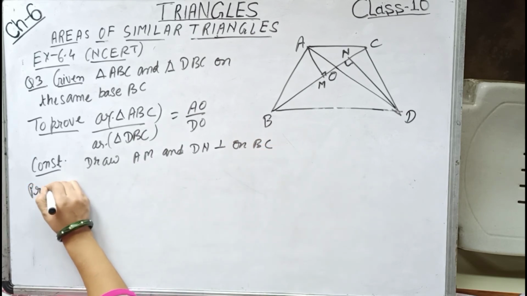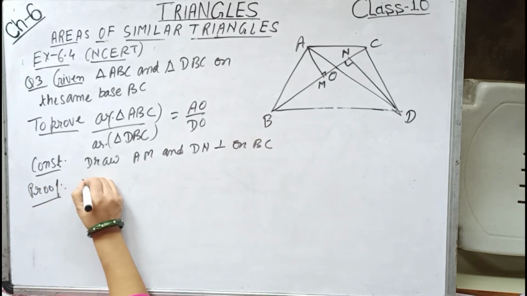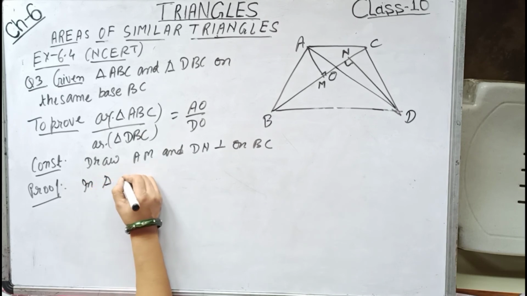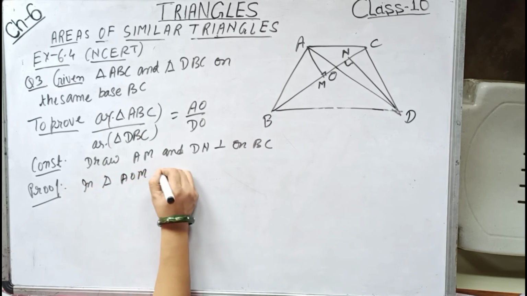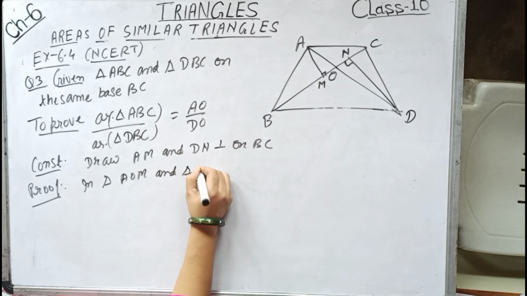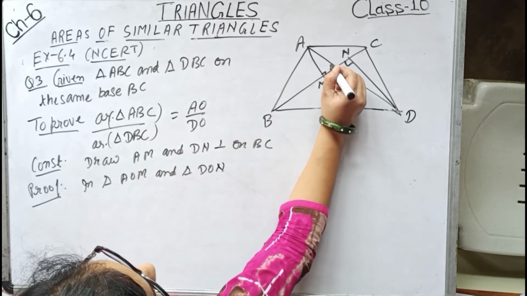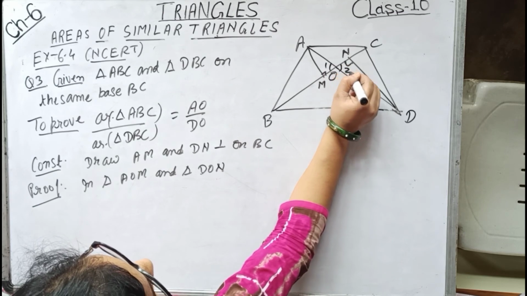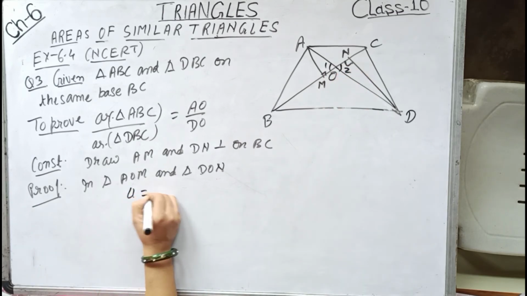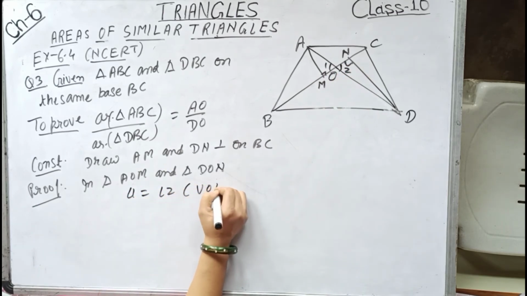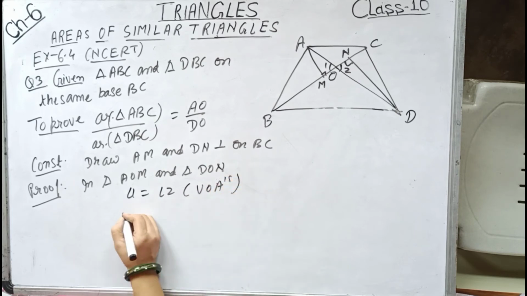Now proof: in triangle AOM and triangle DON, angle 1 equals angle 2, vertically opposite angles.